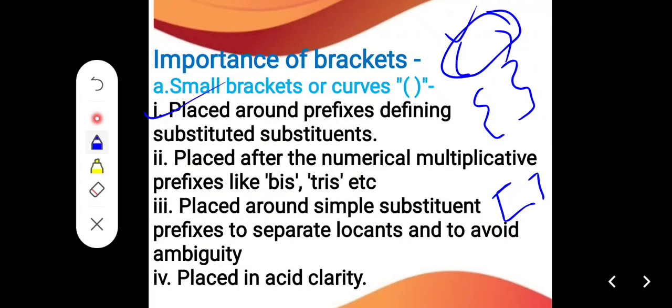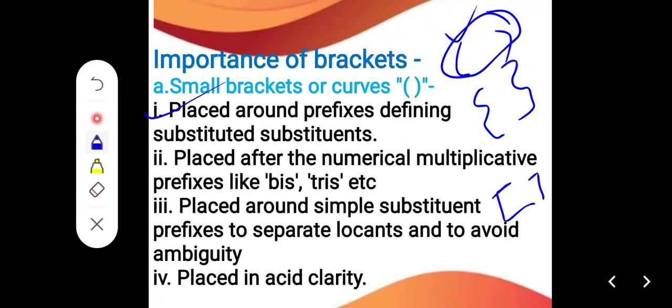They are also placed around simple substituent prefixes to separate the locants and to avoid ambiguity. If there is any confusion or ambiguity, small brackets are placed around the simple substituent prefixes to separate the locants. And they are placed in acids for clarity.